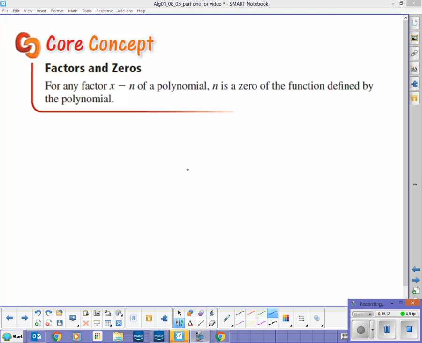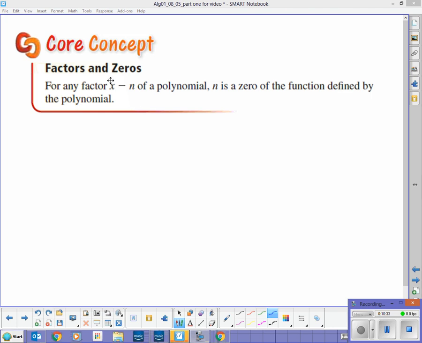Factors and zeros: for any factor x minus n of a polynomial, okay, so a binomial factor of a polynomial, n is a zero of the function defined by the polynomial. What does that mean? All this is really talking about is that zero product property again.